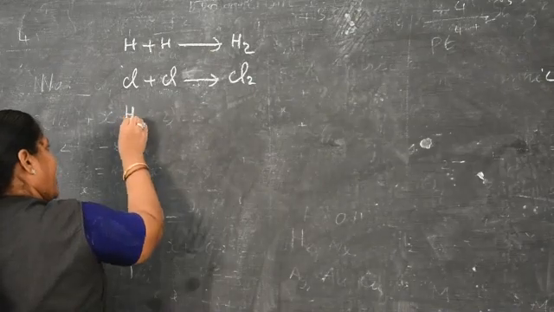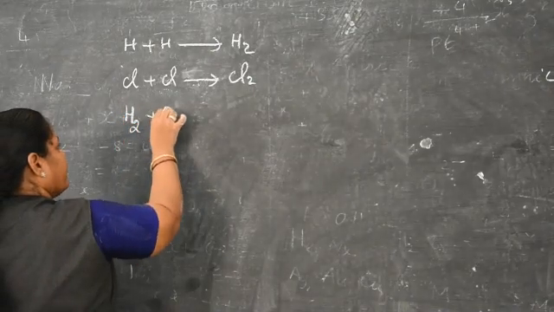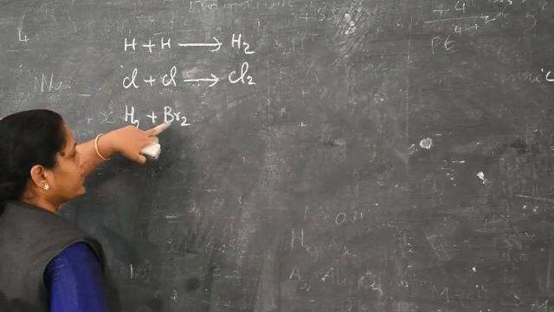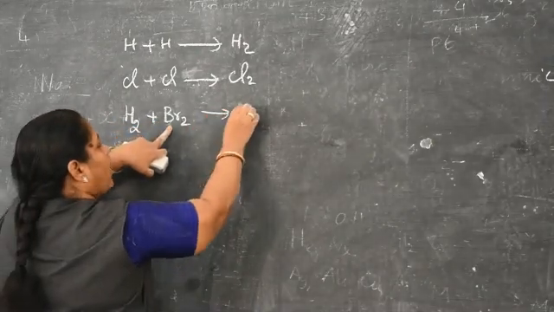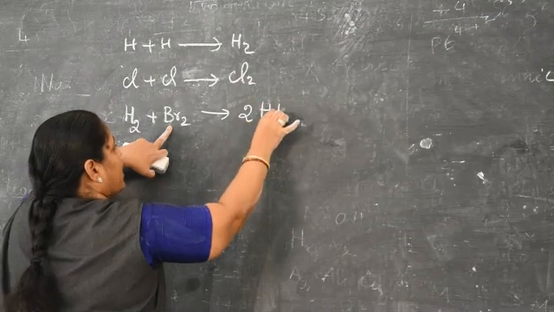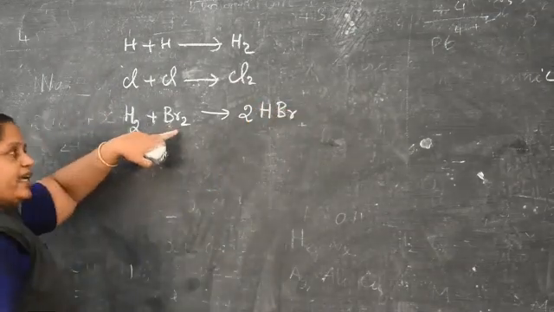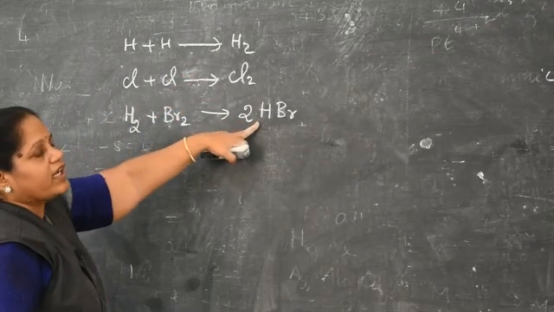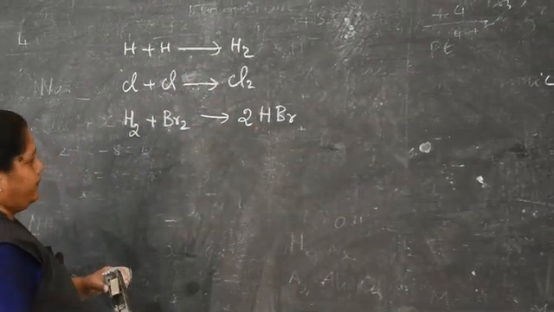Like that, a hydrogen molecule combines with a bromine molecule to form 2HBr, hydrogen bromide. These are homonuclear diatomic molecules, and these are heteronuclear diatomic molecules.